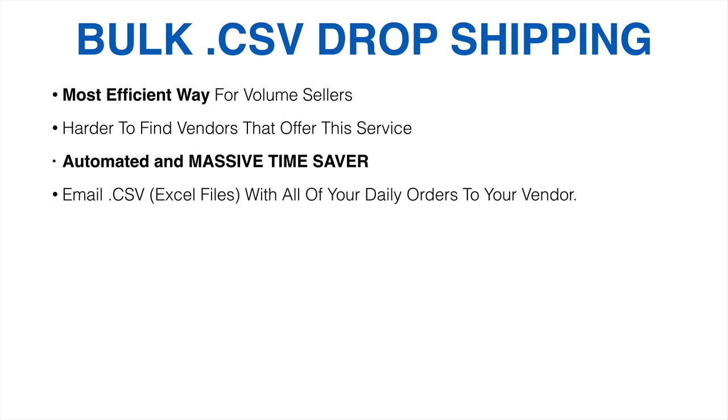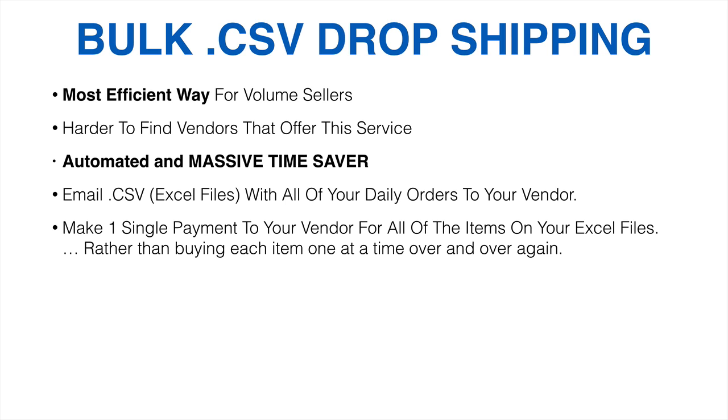And then when I wake up in the morning, I send it to my vendor, my contact at AliExpress. They send me a bill. I pay it, they ship everything out and give me tracking numbers. It is a beautiful thing. It's just so amazing to be able to do this. And the great thing is, it's very organized. I'm making one single payment to my vendor for all of the items on the Excel files.